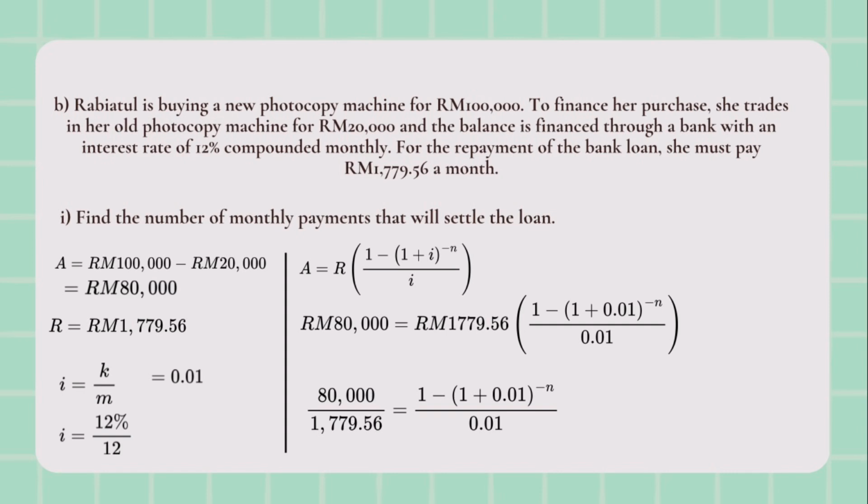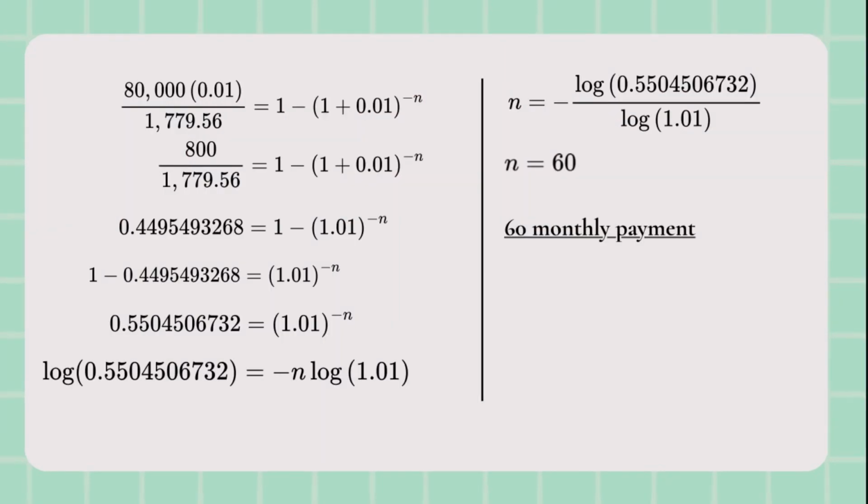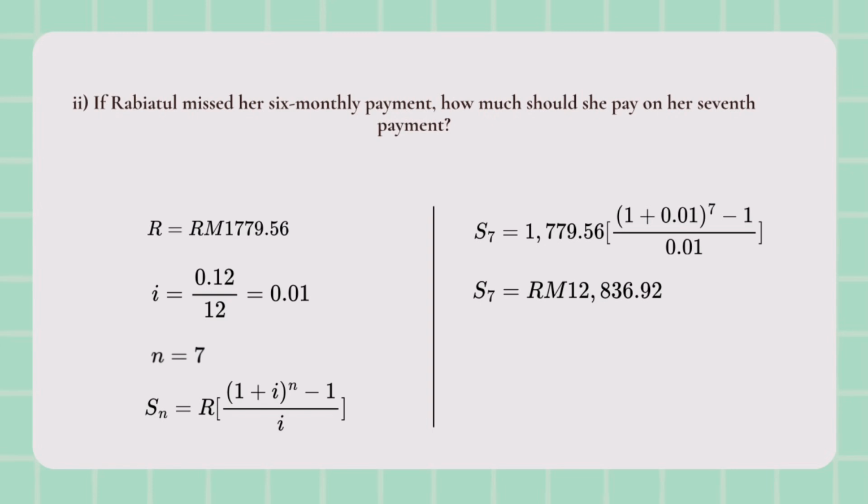For this question, we will use the present value formula, which is P equals R bracket 1 minus bracket 1 plus i bracket power negative n over i bracket. After inserting all the information, we will get 60. So the term of the loan, which is n, is 60, and it will take 60 months to settle the loan.